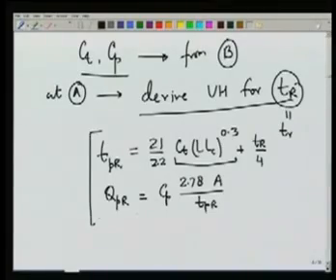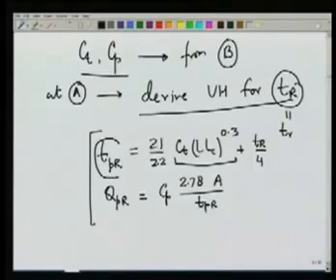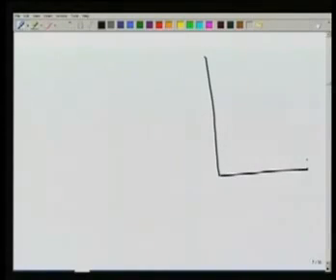So this will give us the time to peak for the required unit hydrograph and the discharge at peak QP. We can draw the unit hydrograph, but it will not be very accurate. What we have is only 2 points.